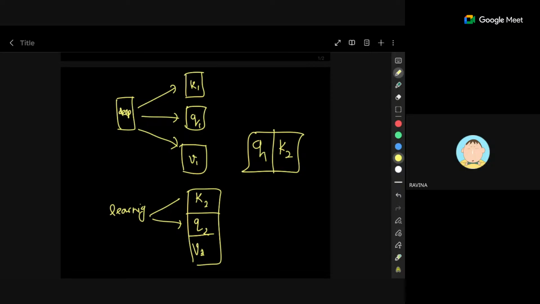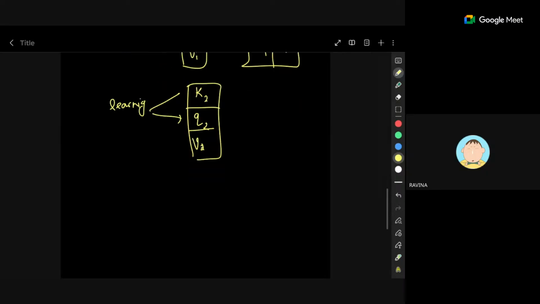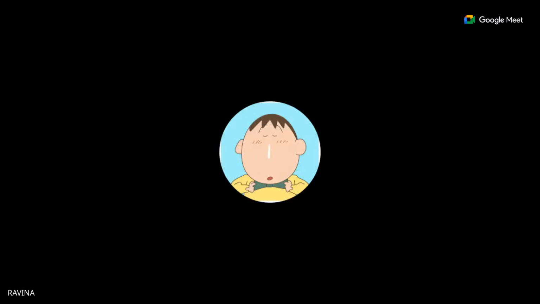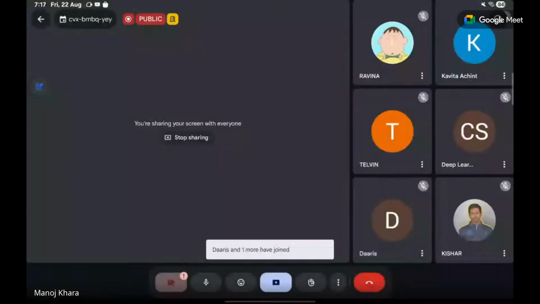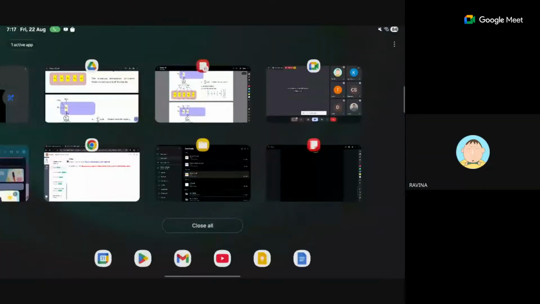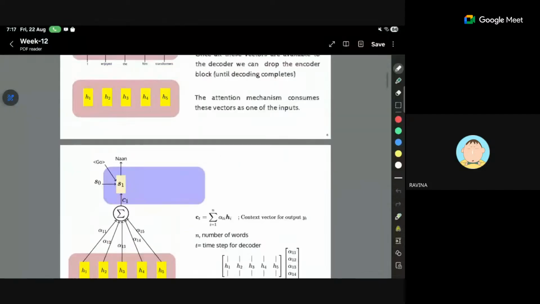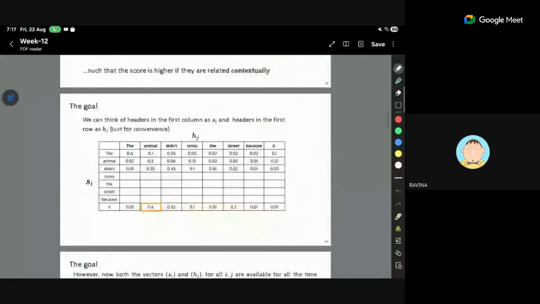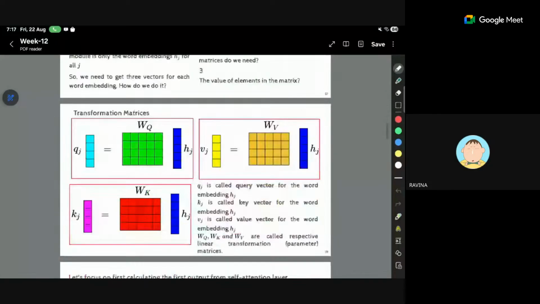So the exact equation of that is going to be as follows.